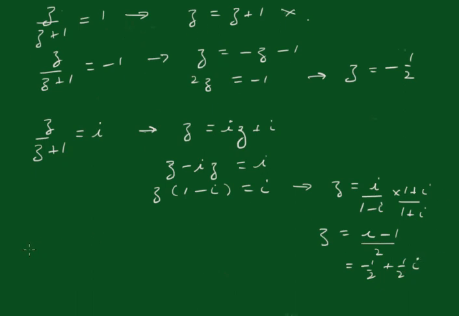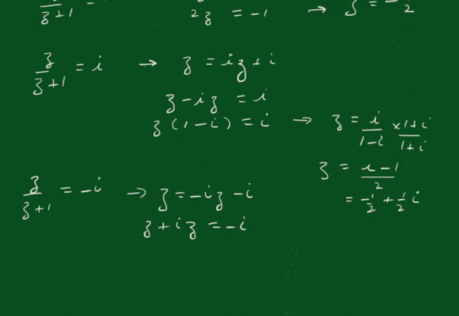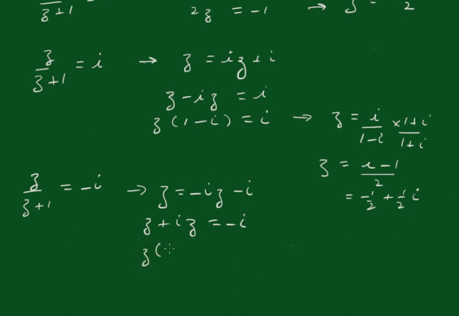Now taking the other one, z over z plus 1 equals minus i. That gives me z equals minus iz minus i. So we have z plus iz equals minus i. I think you'll see where this is coming. Take the z out, we get z times 1 plus i equals minus i. z equals minus i over 1 plus i. Then multiply top and bottom by 1 minus i.